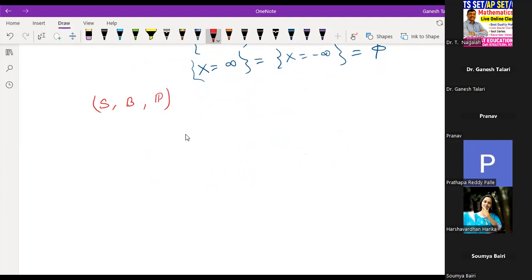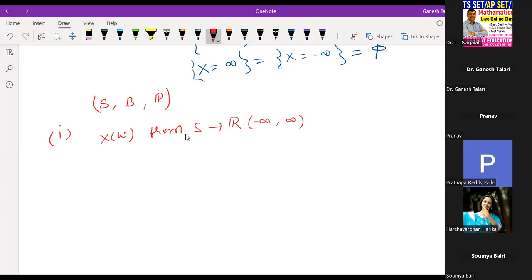And then you can make it in a properties of this one. You should remember all these properties, or you can note it down, and then I'll send you the notes also. Let it be a function X of omega, a function from S to R. So R is the range from minus infinity to plus infinity.